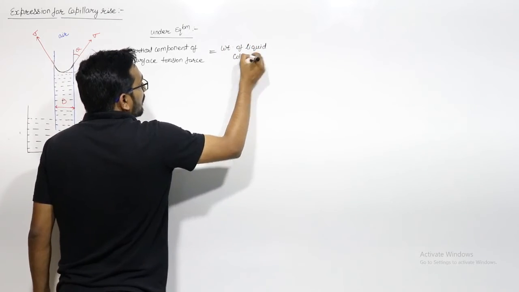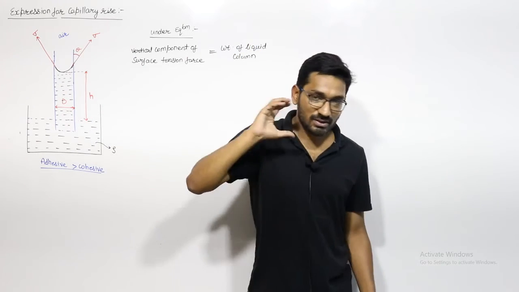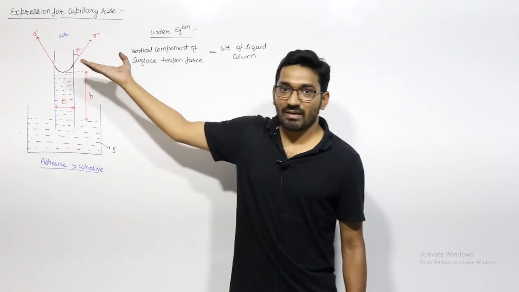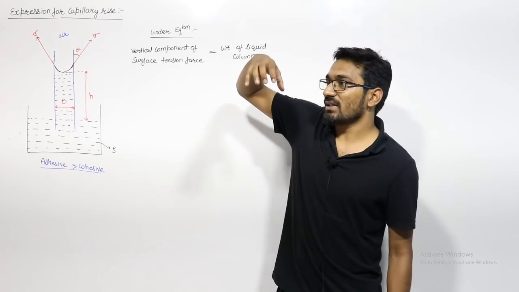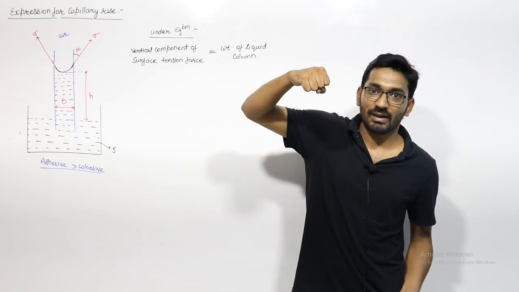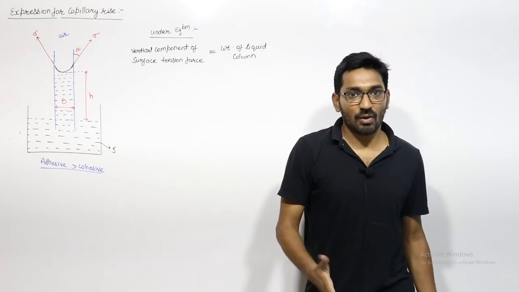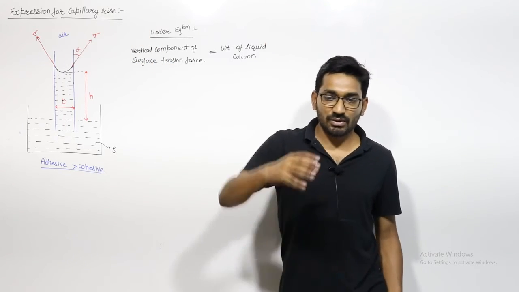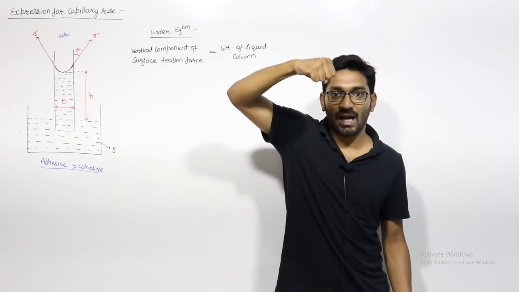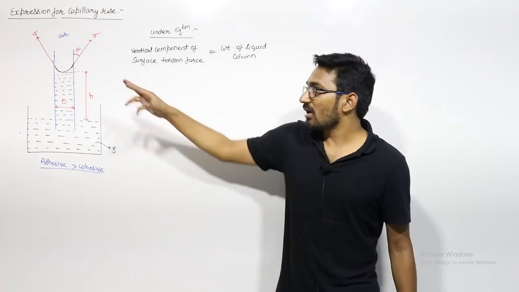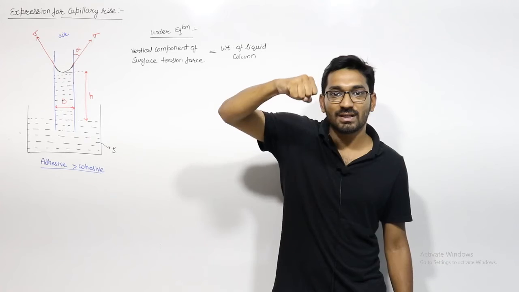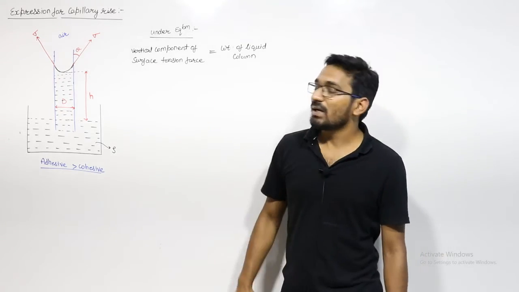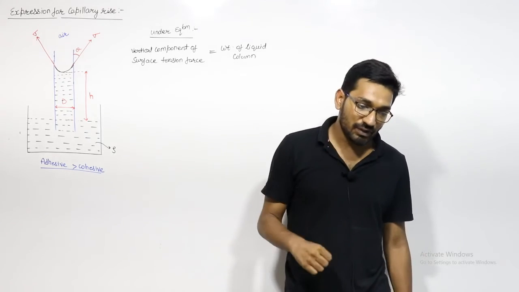Why will this liquid rise? If the liquid is rising, which force is holding it? Because of gravity it may fall. So some force must hold it at this height h, and that is the surface tension force. In equilibrium, the vertical component equals the weight of this fluid.